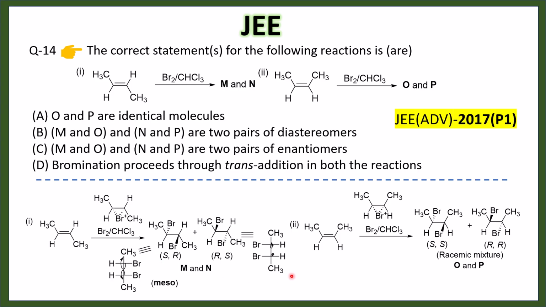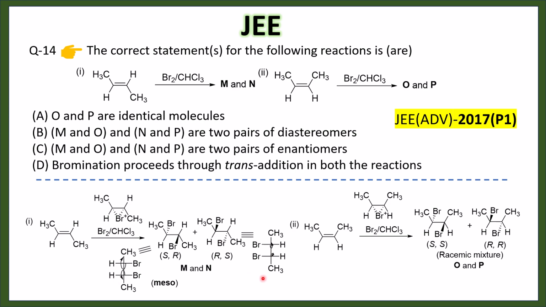This is the meso product, because the bromines at the two centers are on similar sides, so the molecule has an internal mirror plane, and the optical activity of each center is cancelled by the other end. So this is the identical molecule.